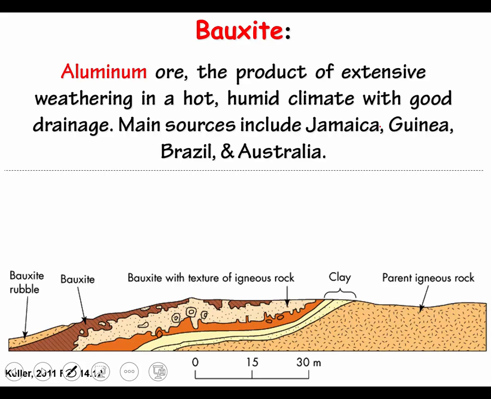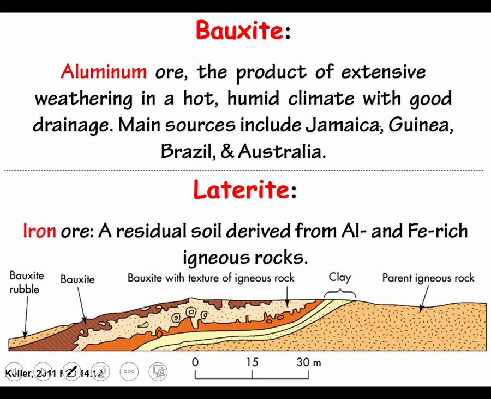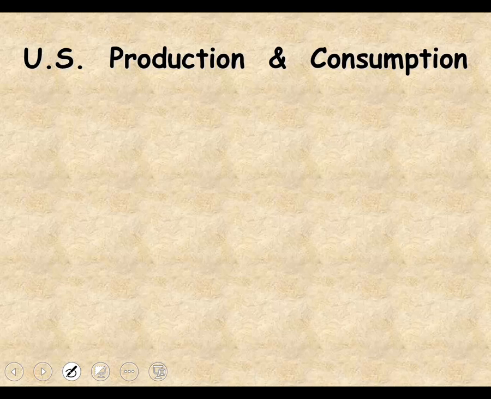Aluminum oxide is where we get that 35% concentration. And that's basically the weathering product, long-term tropical weathering of feldspars, or better said, igneous rocks that have feldspar in them. So those are our bauxites, and laterites are a similar type of deposit, but we're getting our iron ore, where the iron is being concentrated, and they occur in slightly different portions of the tropics. Okay.